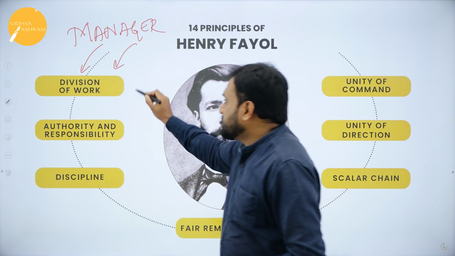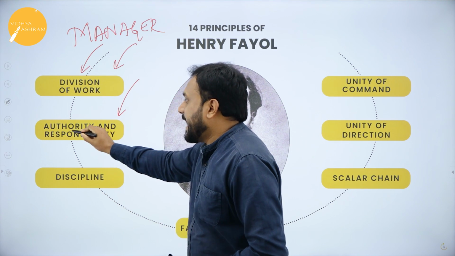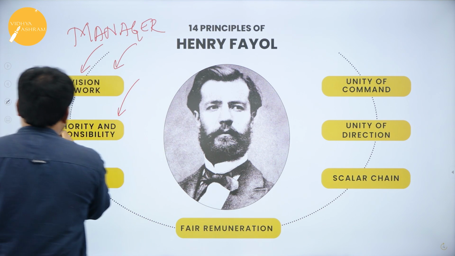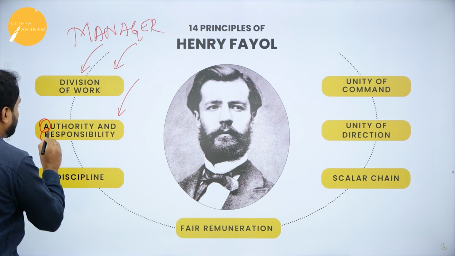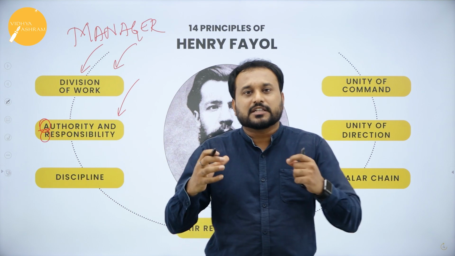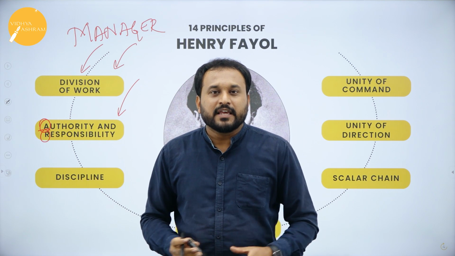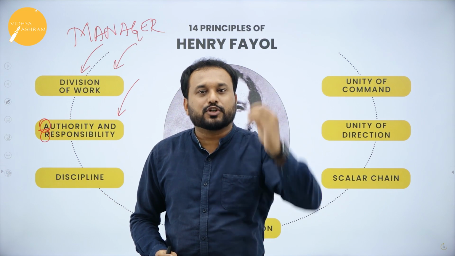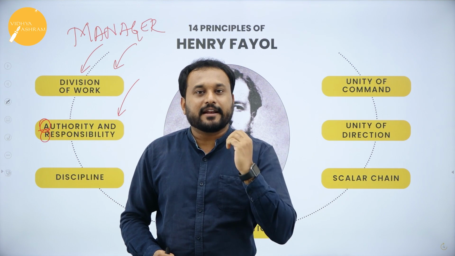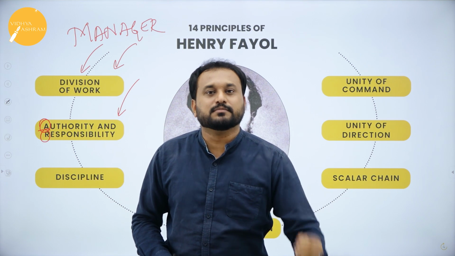And the second one is authority and responsibility. Please understand these terms. What is authority and responsibility? Authority flows from top to bottom, and responsibility moves from bottom to the top.